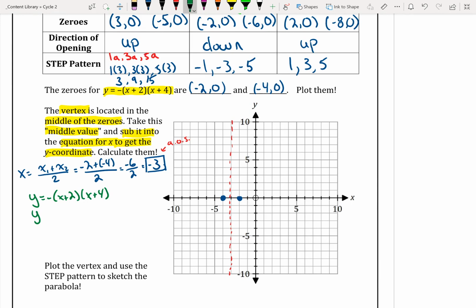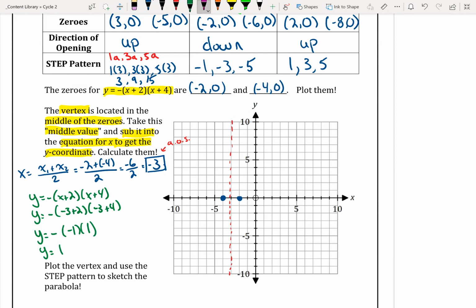So it becomes y equals negative times negative 3 plus 2 times negative 3 plus 4. y equals negative times negative 1 times positive 1. So negative 1 times negative 1 is 1, times 1 is 1.